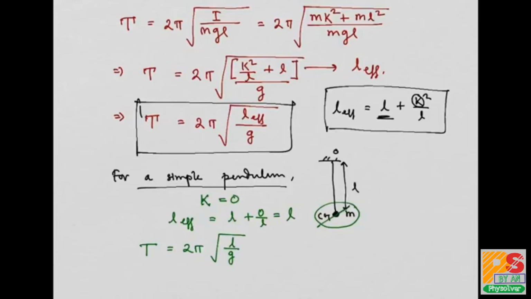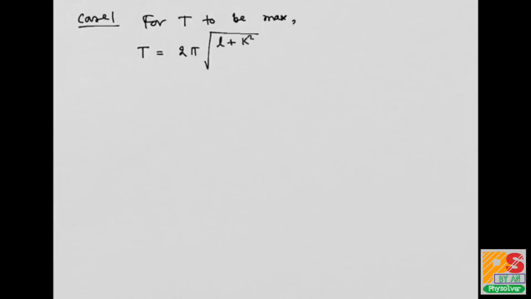Okay, now coming to the next point. If you are asked to find the condition for which T will be maximum and the condition for which T will be minimum, let me come to that. Now case 1, for T to be maximum, look at the formula carefully. T is 2 pi root over L effective divided by G, where L effective is L plus K square by L, right?